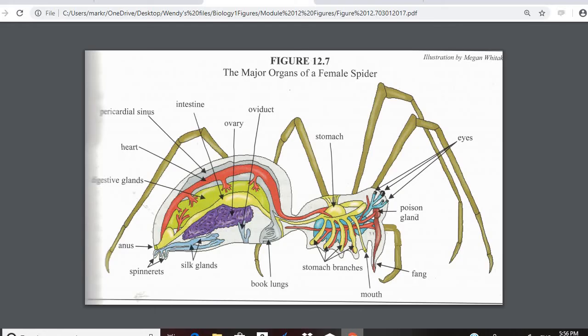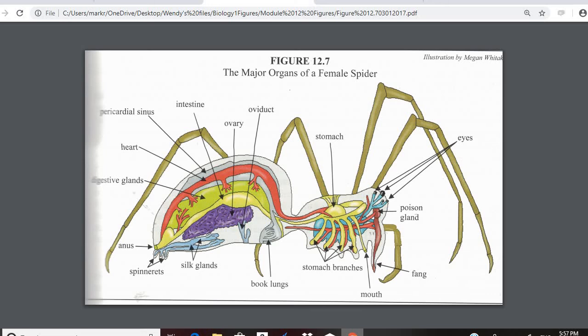So let's look at a picture here. Right down here in the bottom, you see this structure that is called a book lung. So there are slits in the abdomen.